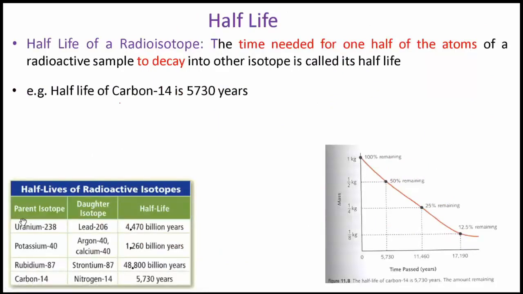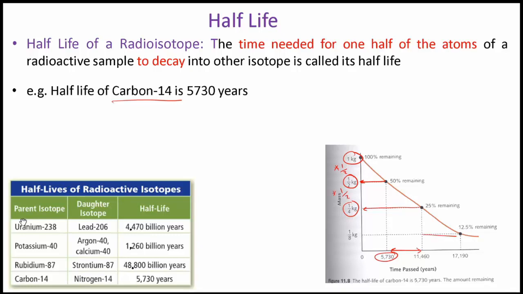So if we start with 1 kilogram of carbon-14, after 5,730 years, it becomes half a kilogram. Then after another 5,730 years, the half becomes a quarter. The half loses its half. So each time you multiply by a half.